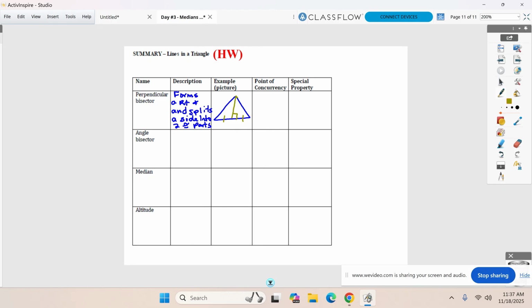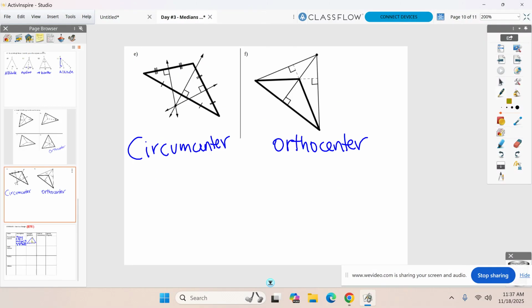Also, honors kids, perpendicular bisectors do not have to come from a vertex. That's the only one that does not come from a vertex. I don't know if anybody noticed, none of these three came from a vertex. It's just got to be perpendicular and bisect. It does not have to come from a vertex.